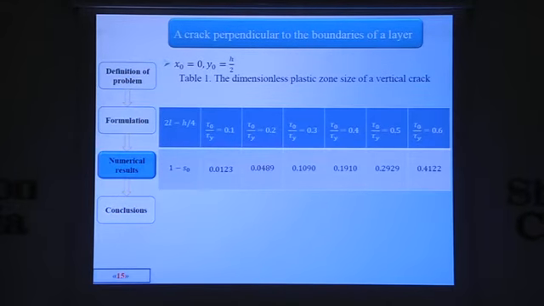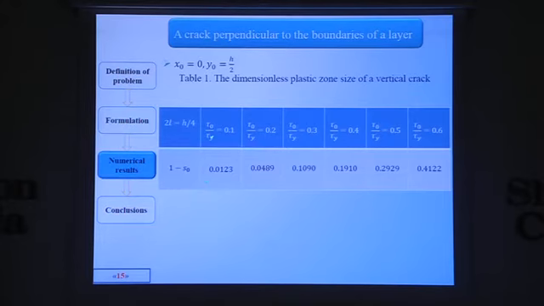And we will furnish the paper with some examples. In the first example, we consider a central crack perpendicular to the boundaries of a layer, and we will present the size of plastic zone in terms of different loading ratio.